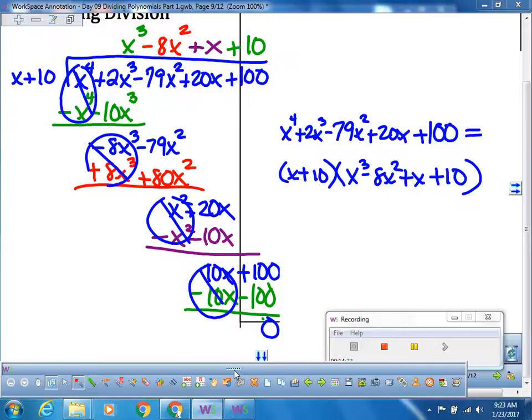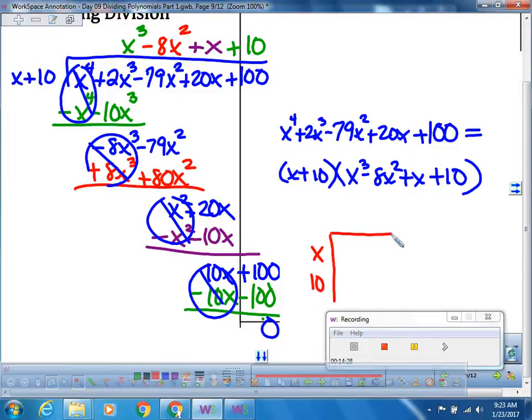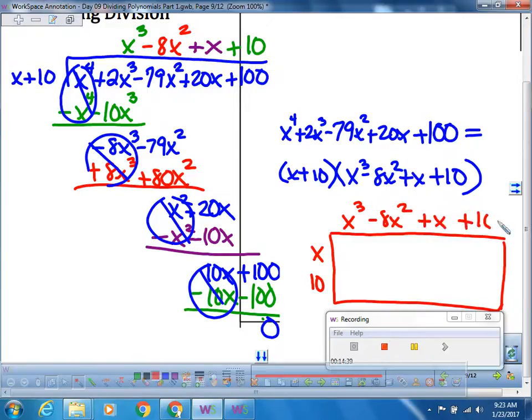So checking it would be x and 10 and x cubed negative 8x squared plus x plus 10. That's the way I'm going to check it. Right? And you should get this right here. Yeah, you need to check it on your homework.